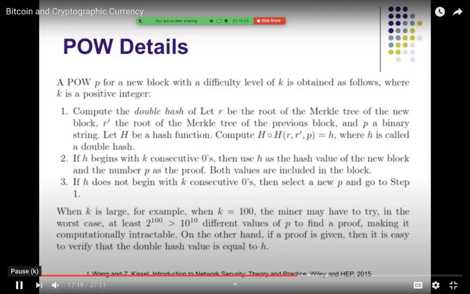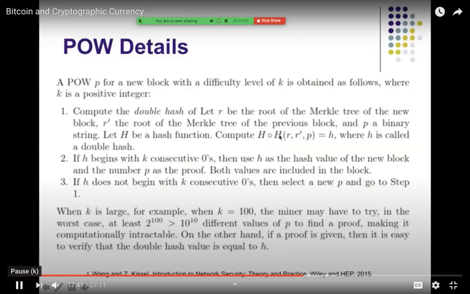So we let H be a hash function. What we want to compute is a hash on R prime. Now remember, R is also a hash value, and R prime is a hash value. And P here is a binary string that I want to find.